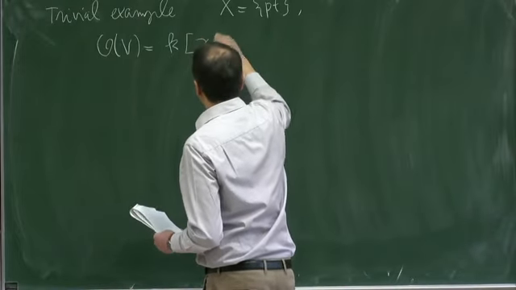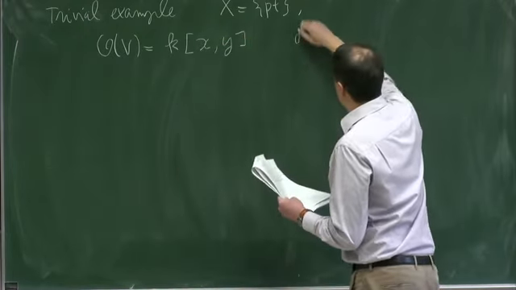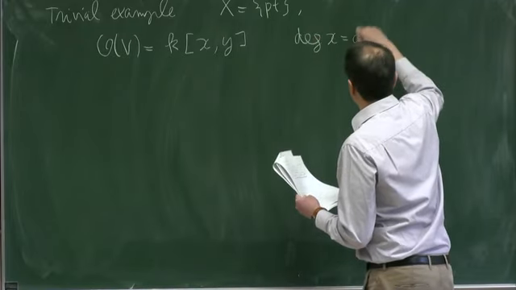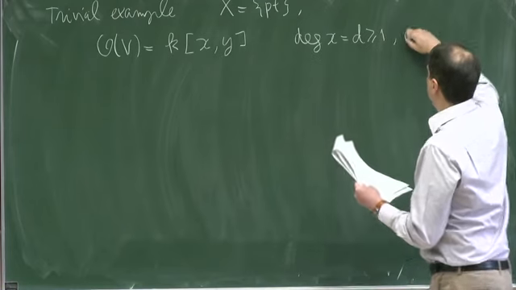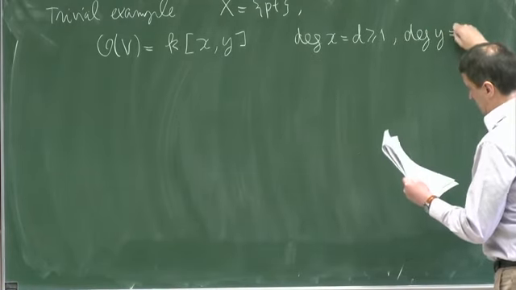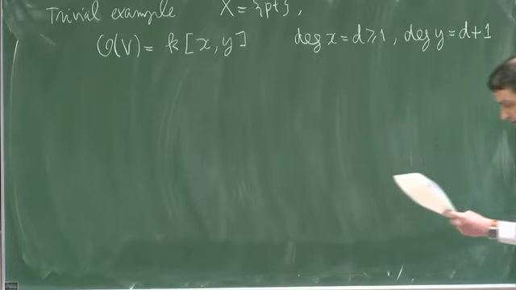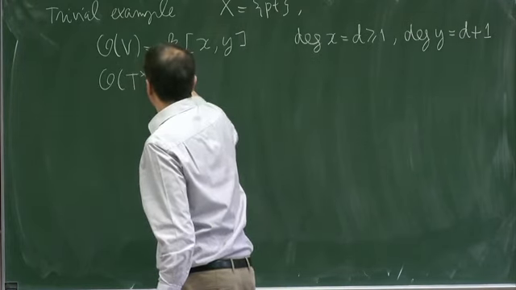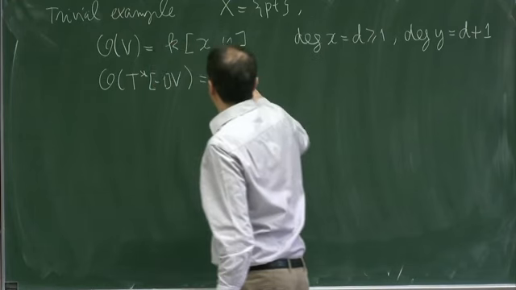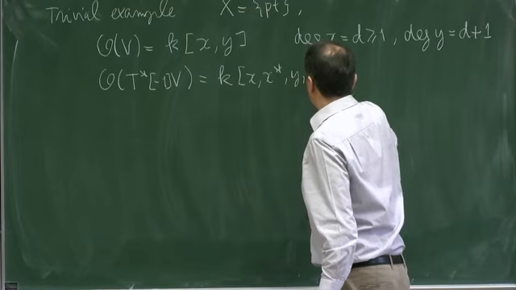So you have a variable x and a variable y of degree d, some positive number, say, degree y equal to d plus 1, and then O of functions on T star minus 1 V is k of x, x star, y, y star.